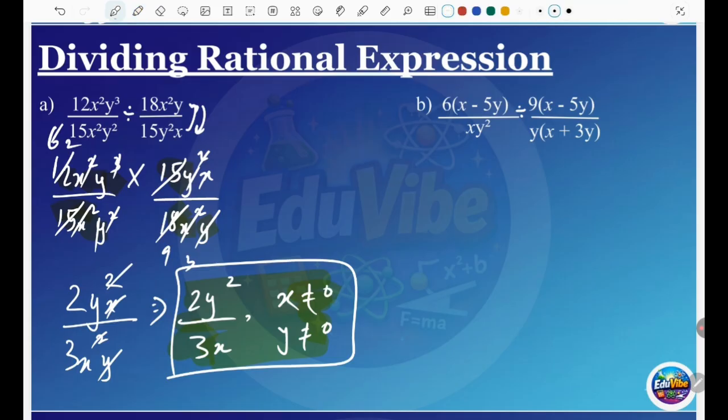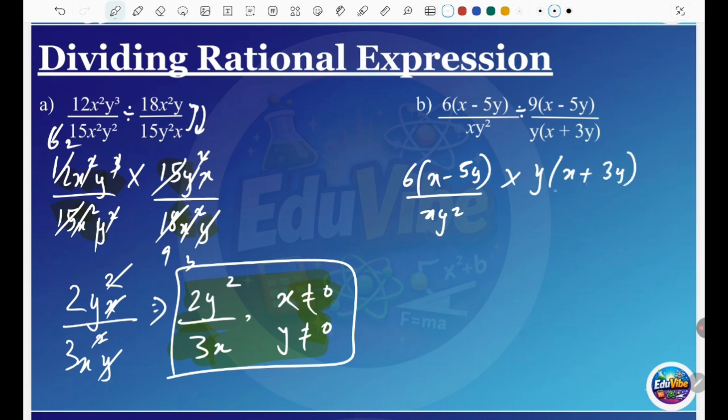Next, we have 6x minus 5y upon this thing and this thing. So this divided by this, you have to take the reciprocal, divided by 9x minus 5y. This whole thing goes by this. Then this y goes with this, with 3, and we get 2.